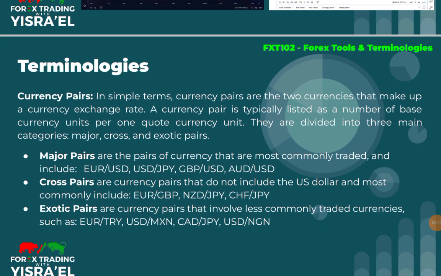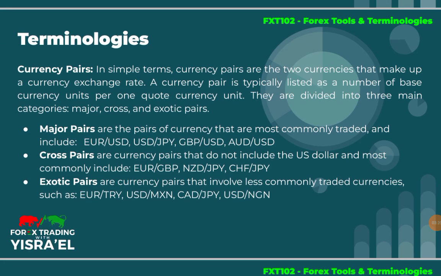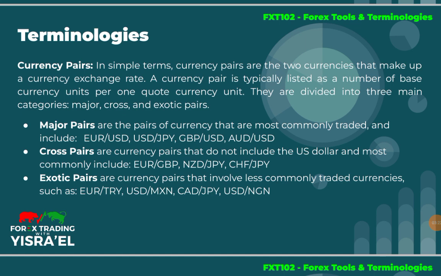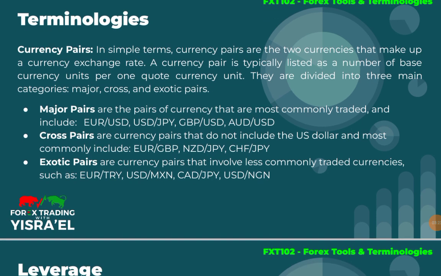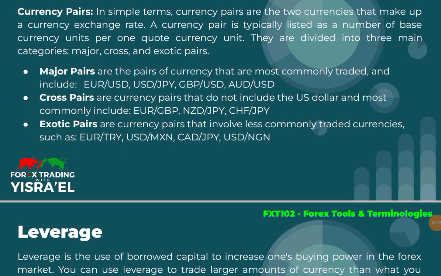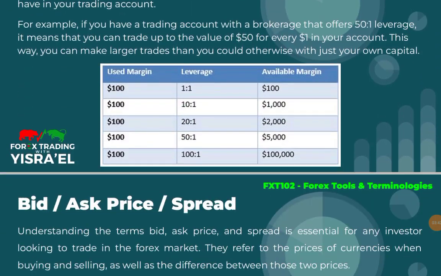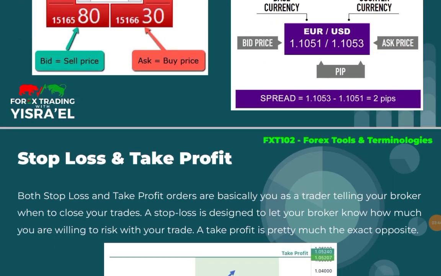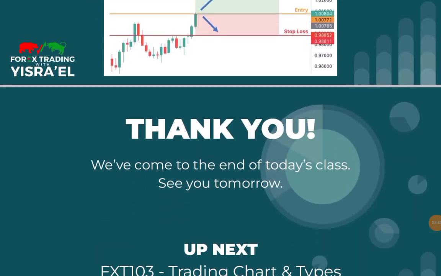We also checked some terminology. Currency pairs: the major pairs, which are the pairs that are commonly traded; cross pairs, which are any currency pair that does not include the US dollar; and the exotic pairs, which are pairs that are not commonly traded. We talked about leverage, bid, ask price and spread, stop loss and take profit.